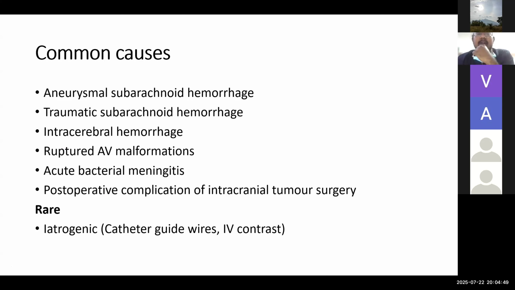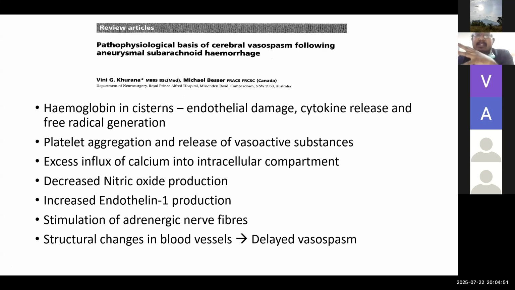So, what exactly happens? Why does vasospasm happen? The pathology is, because there is a spill of blood in the cisterns, there is hemoglobin, and that hemoglobin causes endothelial damage, cytokine release, and free radical generation. Once inflammation starts, platelets come in, they aggregate, and they release even more vasoactive substances.